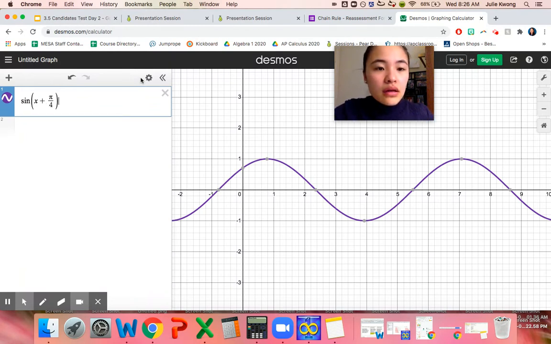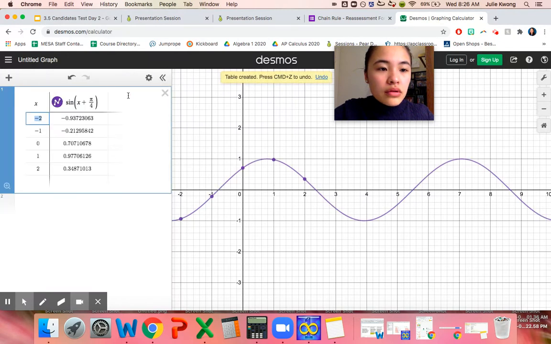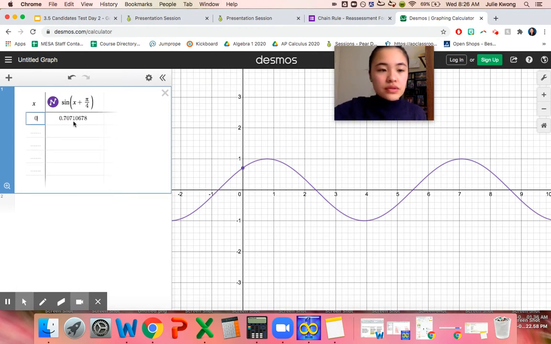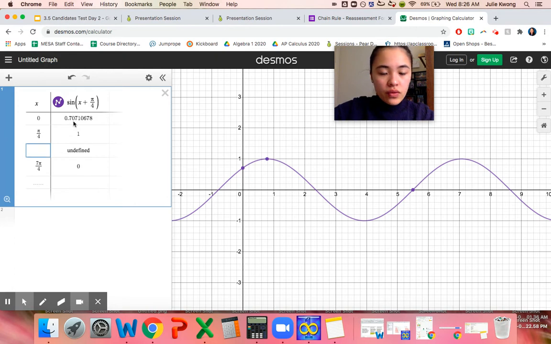And then we're going to click our gear button, click the table. You can clear that stuff out and just write in those candidates that we just found. So 0 and 7 pi over 4 are our endpoints, and then our critical points were pi over 4 and 5 pi over 4.